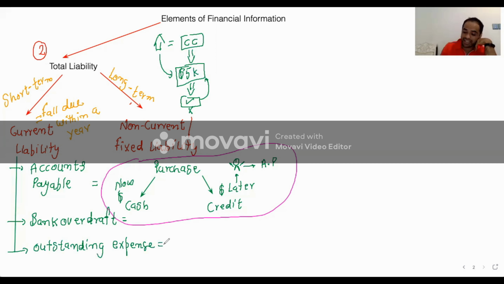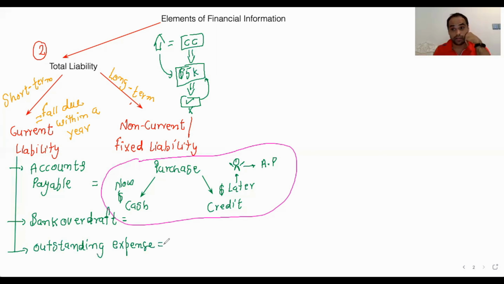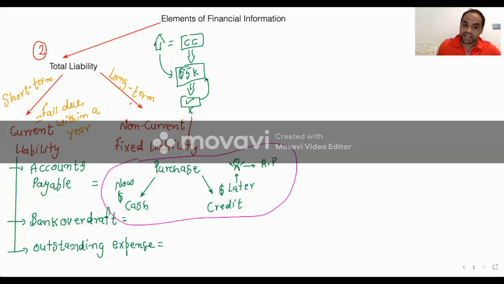Outstanding expense is any kind of expense you haven't paid. It's time to pay, the time is already gone, but you haven't paid that expense. That's called outstanding expense.